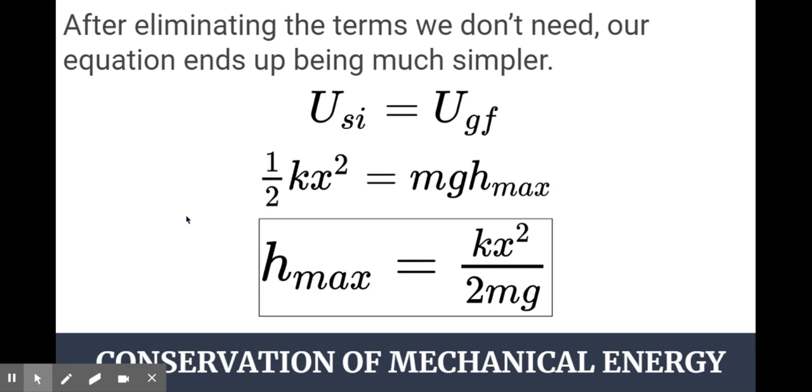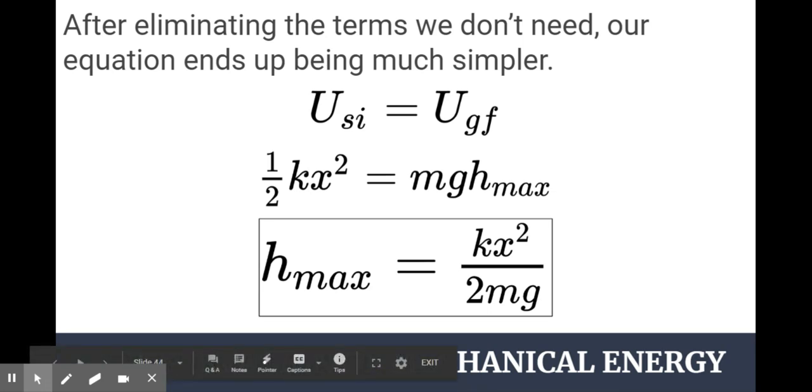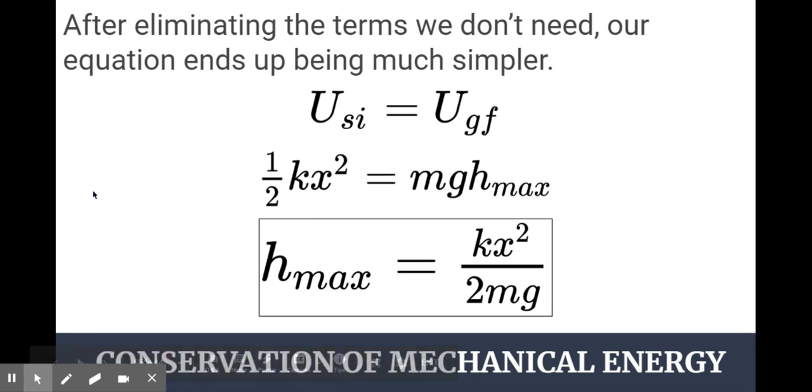Now, something to point out: this maximum height is not the distance that the cart traveled along the ramp. It is simply how high the cart is above our established zero line.